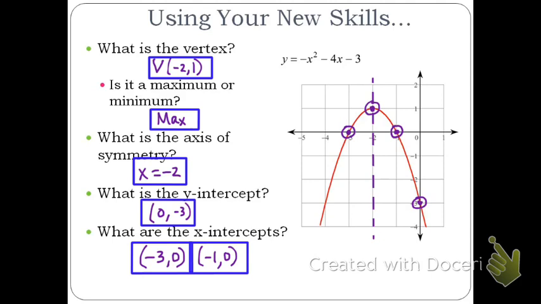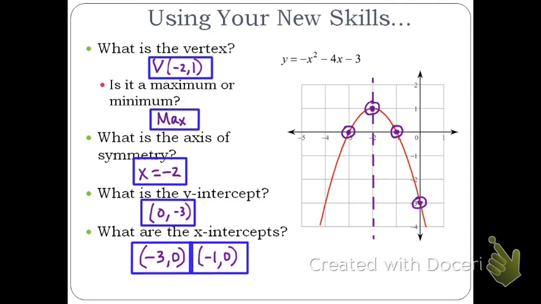Okay, so I hope the circles didn't cause any confusion. We have the vertex, which is at (-2, 1). That's, I'd say, the most important point that you need to know in a parabola.